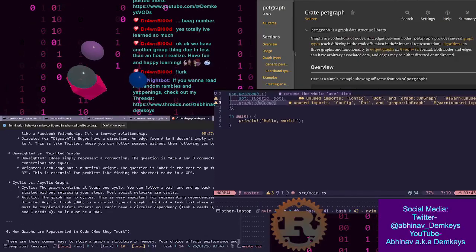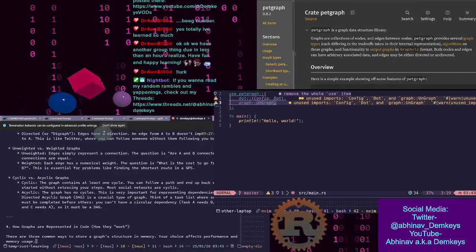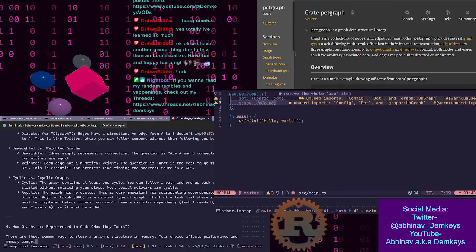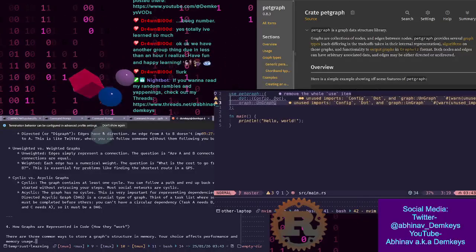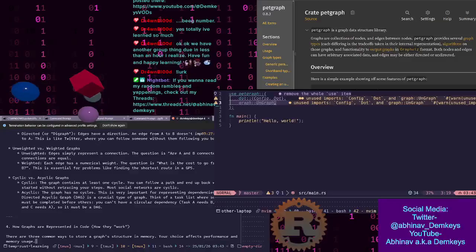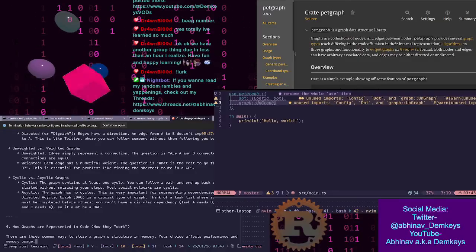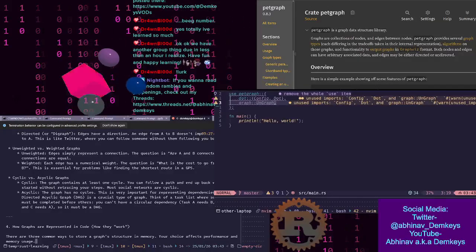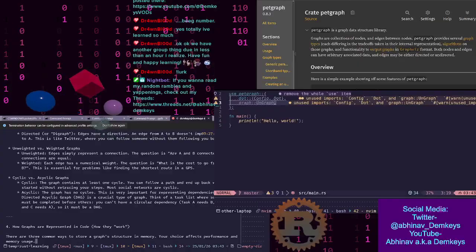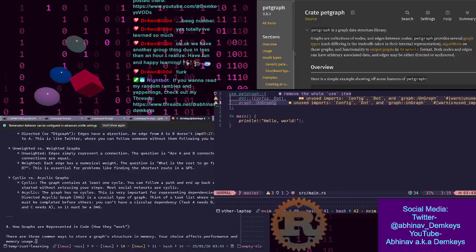Unweighted versus weighted graphs. Unweighted: edges simply represent a connection. The question is, are A and B connected? All connections are equal.